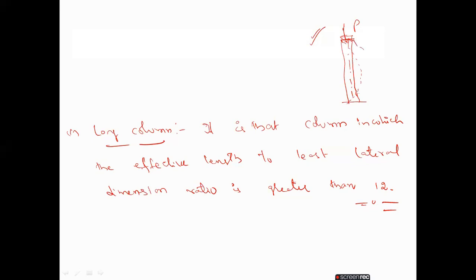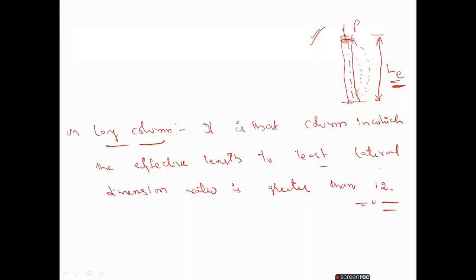Generally this is the length of the column, but the bending of the column whenever load acts on it, we call the effective length. So if the ratio of this effective length to the least lateral dimension is greater than 12, we call it a long column.